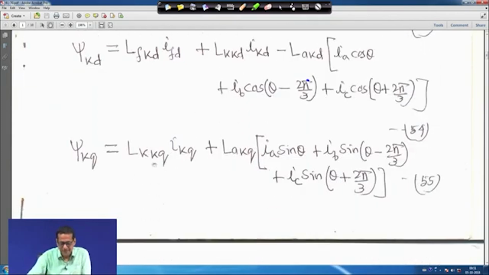So there it will be LKKQ IKQ plus LAKQ into IA sin theta plus IB sin theta minus 2 pi by 3 plus IC sin theta plus 2 pi by 3, because the angle between the D axis and Q axis is 90 degrees apart. This is equation 55, right.